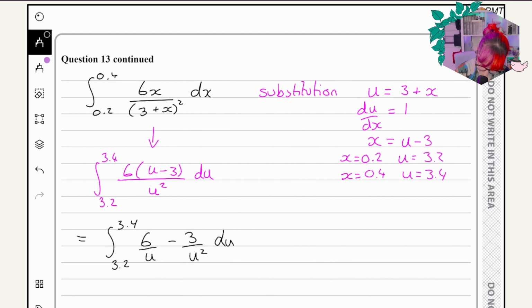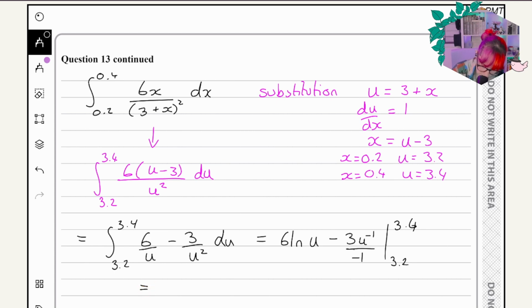Which becomes, okay, so u to the minus 1, add 1 to the power, it becomes 0. So this becomes 6 ln of u minus 3. So u to the minus 2, you add 1 to the power, so that becomes u to the minus 1, and you divide by that new power, it's divided by minus 1. And we evaluate that between 3.2 and 3.4.